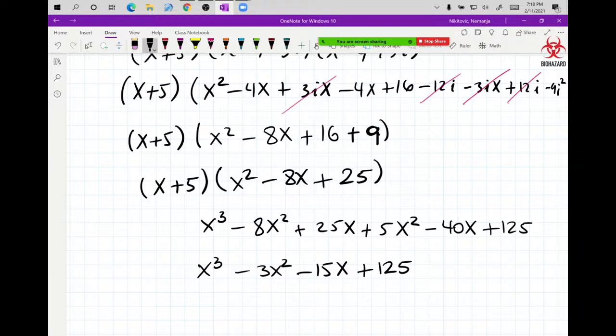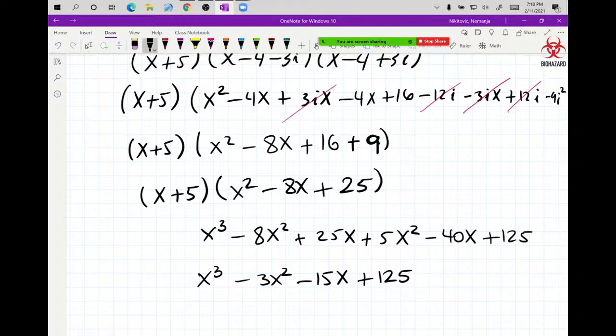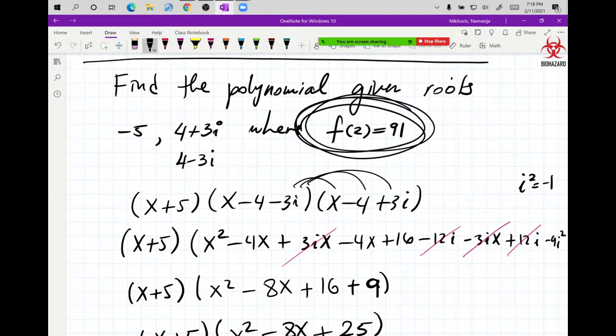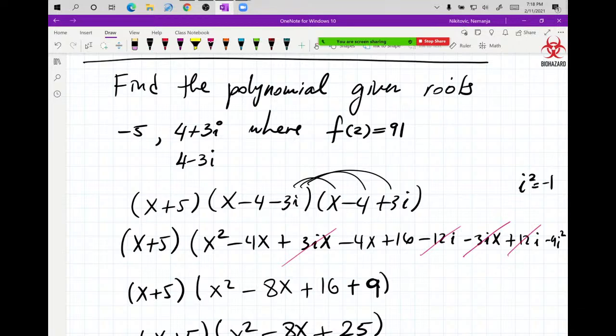There is one more thing that we did not discuss yet, and I have to fix it in a problem, and that is they give you this piece of information. So what do we do with this now? Well, one thing that I neglected to mention here is that these polynomials can be shifted up and down, right?